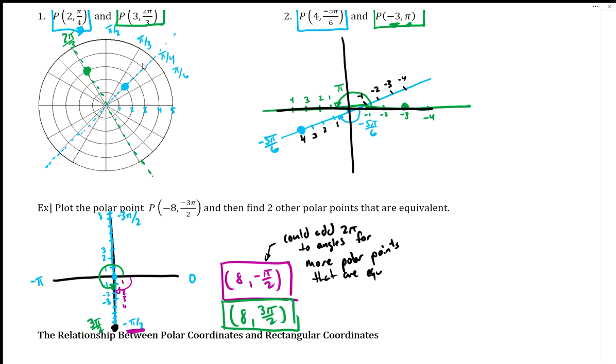Okay, because we know the properties of the unit circle, it just goes around and around forever every 2 pi. Even here, we could have added it to that one. So one other point would have been -8 and positive pi halves. Okay, so that's it, if we wanted to keep the radius negative.